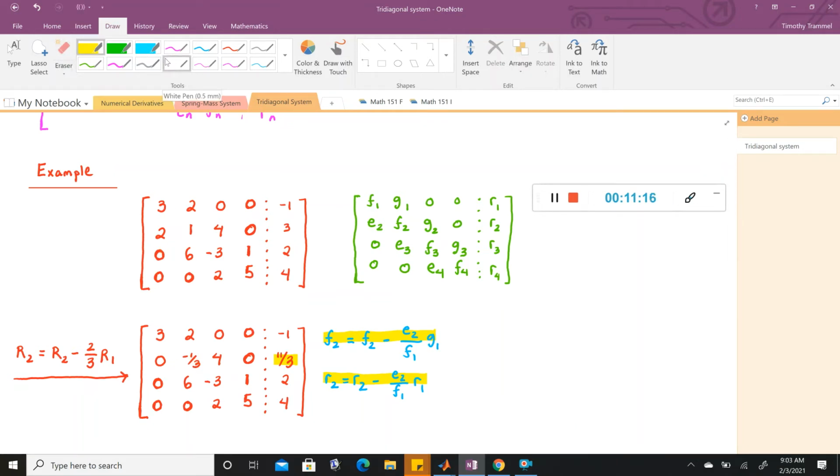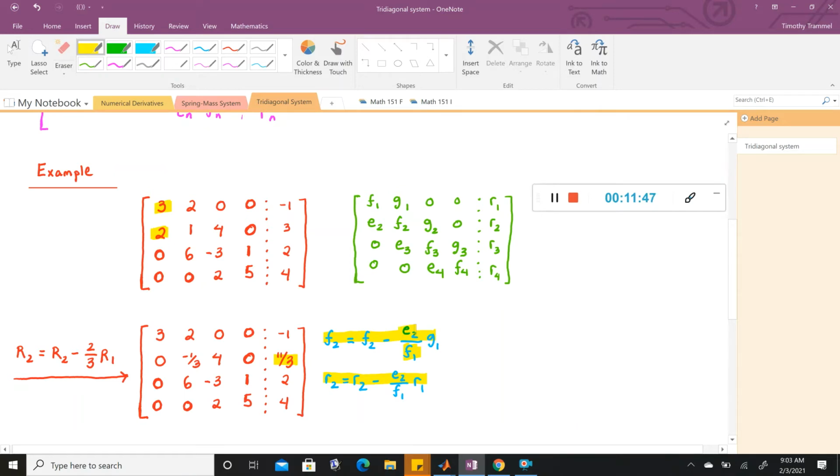Again, the whole goal in going from this first matrix to the second one was to eliminate the 2 right here. So in order to eliminate that 2, we had to divide row 1 by F1. That's where this F1 comes from down here. And then we needed to multiply it by the spot here in E2.